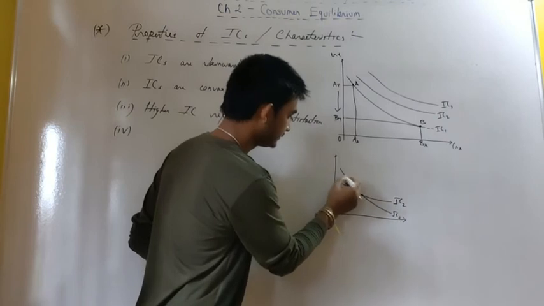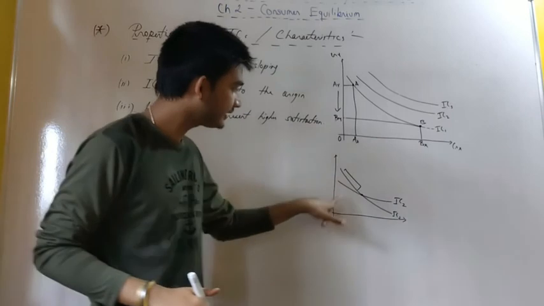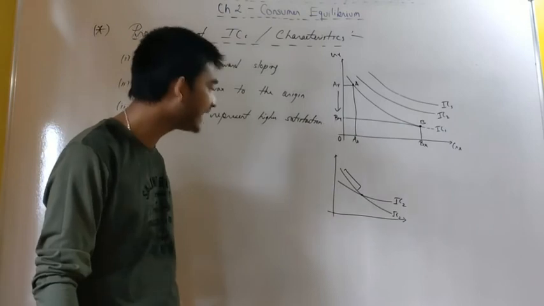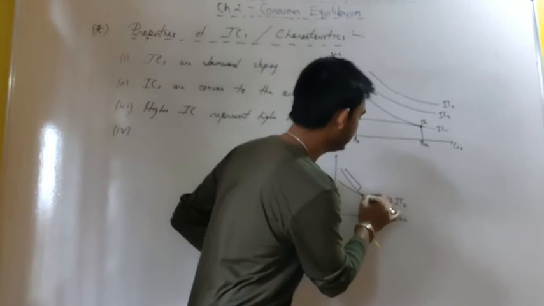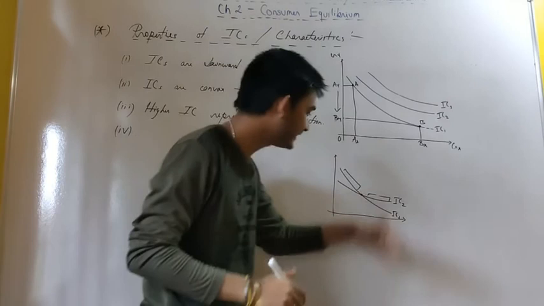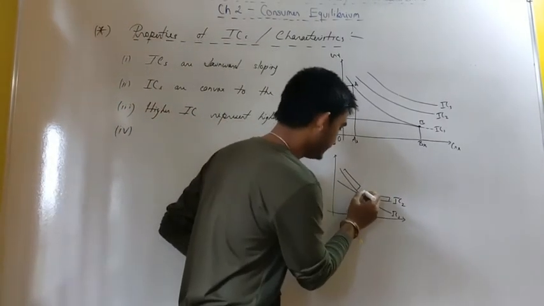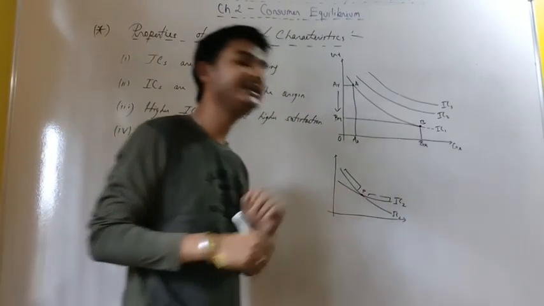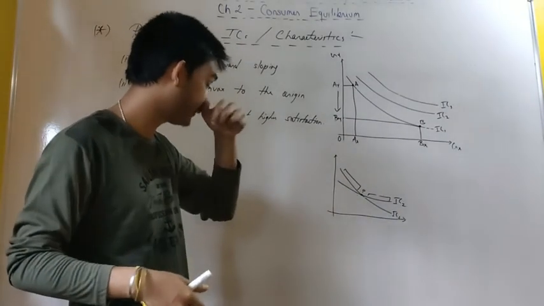Up to this part, indifference curve 1 is lying above and indifference curve 2 is lying below, and in this part, indifference curve 2 is lying above and indifference curve 1 is lying below. And at this point, say this is point P, both the curves intersect each other. One curve cuts another curve, that is the point of intersection.